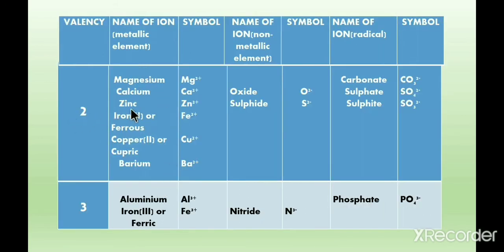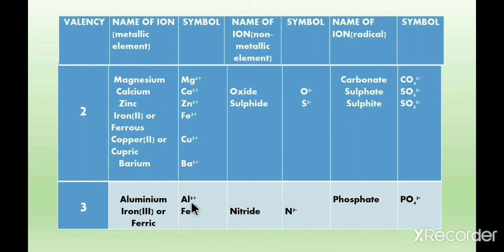Next is cations like magnesium Mg2+, iron which is also known as ferrous Fe2+, anions like oxide O2-, sulfide S2-, radicals like carbonate CO3 2-, sulfate SO4 2-, all these have valency 2.